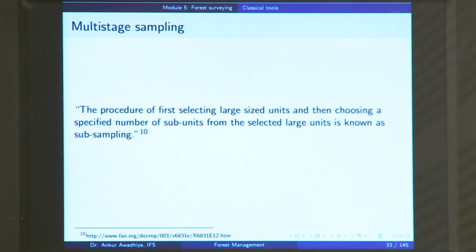Next, you have multi-stage sampling, which is the procedure of first selecting large size units and then choosing a specified number of subunits from the selected large units, and this is known as subsampling.